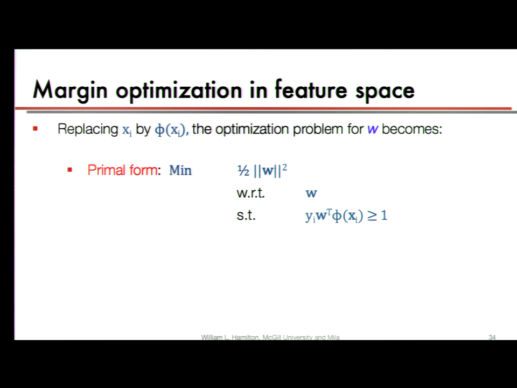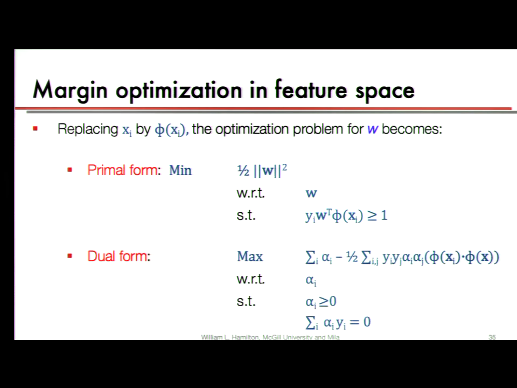Instead of just working with our inputs x, we're going to work with, say, x and x squared and x cubed, and different transformations of these variables. So we're taking x and we're transforming x by some function phi of x. And at the end of the day, we're going to have this same optimization problem. The only thing we've done here is, whereas previously we had x's, now we have phi of x's. So we're just applying some function to x.